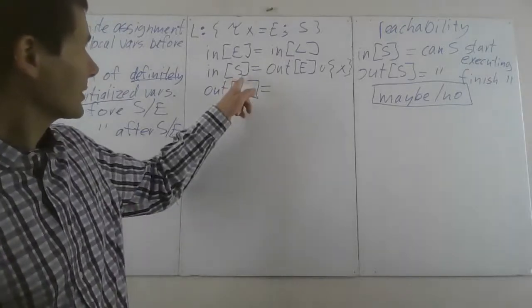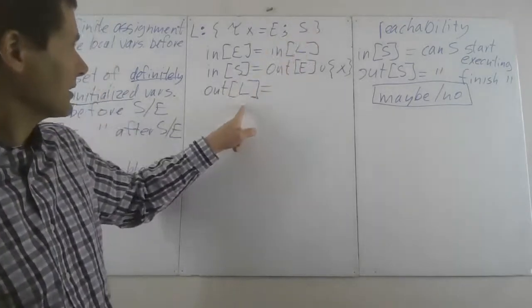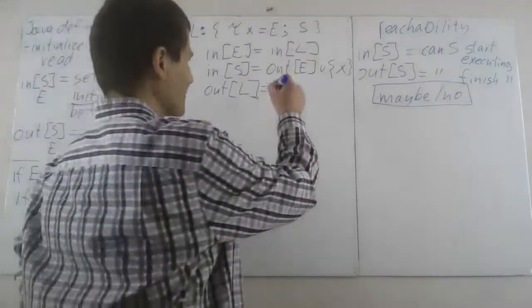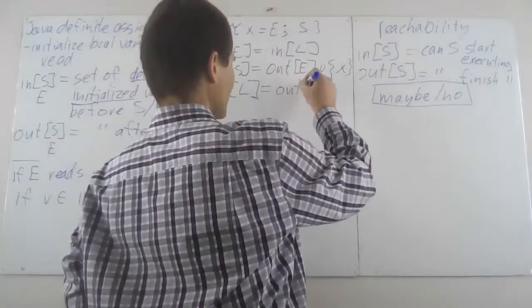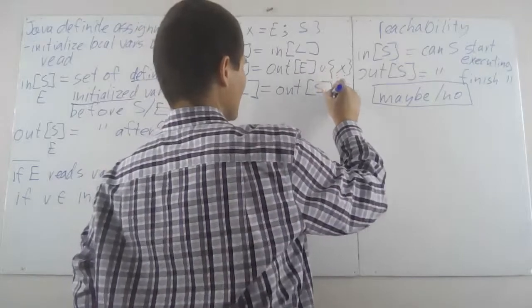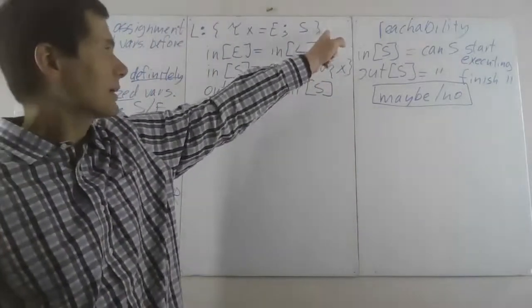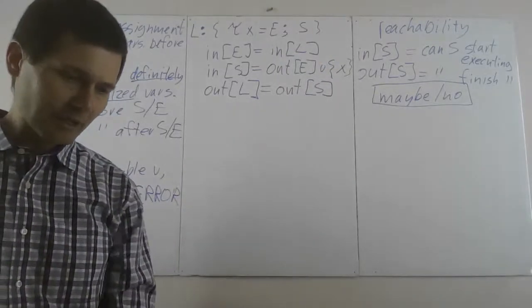Okay, and so that's going to be in of S, and then I need a value for out of L, and that's just going to be out of S. So whatever is initialized after I execute the body of the block is initialized after the block.